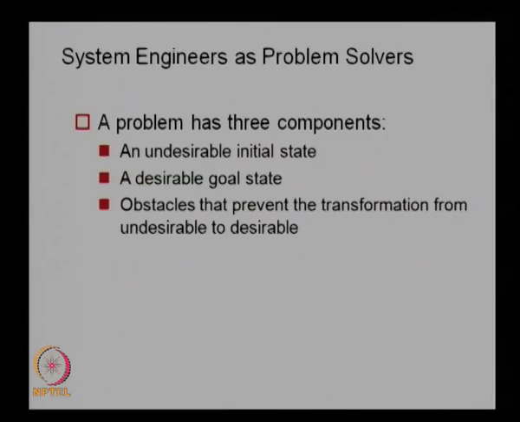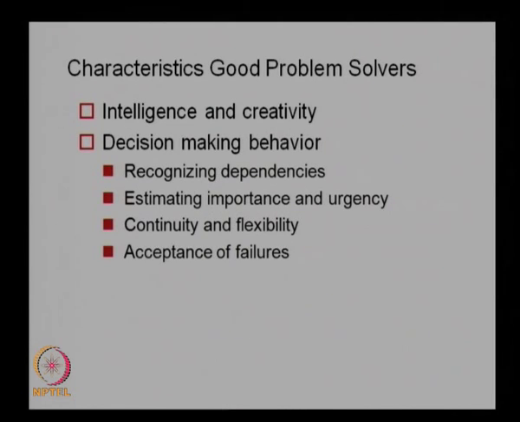to get a solution. So a system engineer, as a problem solver, will look at the problem, what is the undesirable state and what is the desirable state, and what are the things which prevent reaching that desirable state, and then try to find a way to reach that desirable state. That is the role of a system engineer. The characteristics of good problem solvers are that they are intelligent and creative.